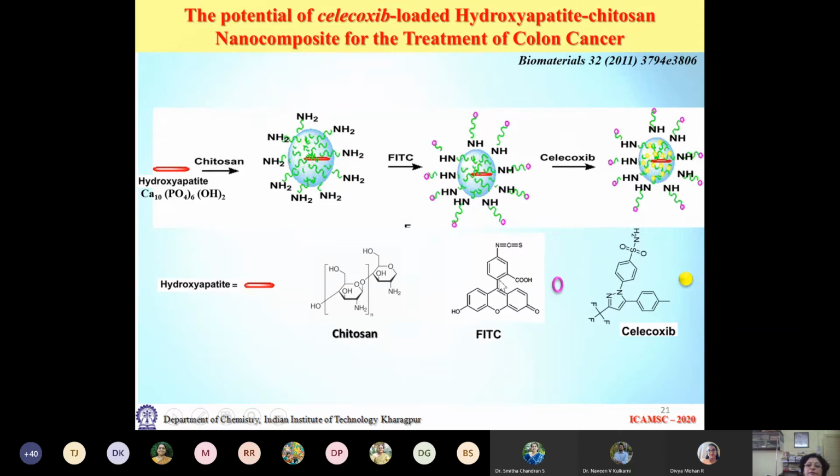This is the moiety which is attached to the surface through the NH linkage. This will show fluorescence when you put it in the fluorimeter, so you can track the movement of the particle, or find out how much it has moved. So this is how it looks and how it is going to be released at that site.